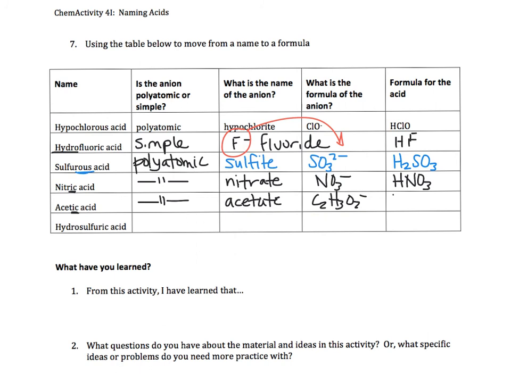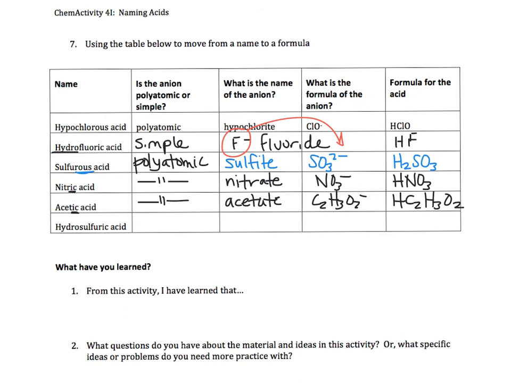So the acid must be HC2H3O2. Now, somebody's going to ask me, could I just combine those hydrogens? You could, but we often write acetic acid in this way to signify that this is the H plus that got added to make it an acid. This is a different kind of hydrogen in the compound.